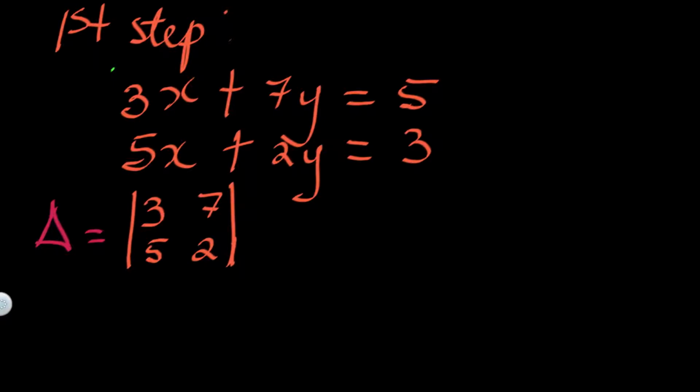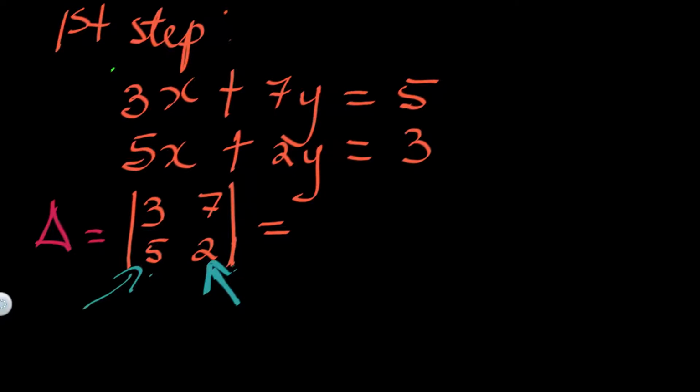In this case, I'm just going to give you a brief explanation of how you do it. When you're evaluating a determinant, you take the product of the major diagonal and subtract the product of the minor diagonal. So this here is your major diagonal, this here is your minor diagonal.